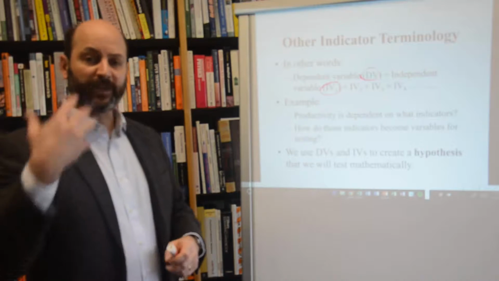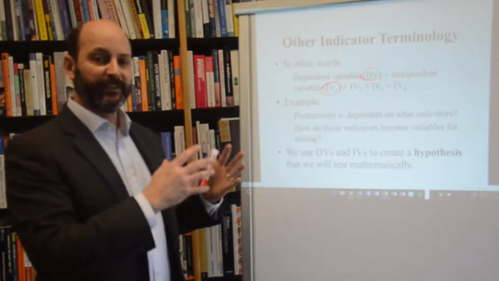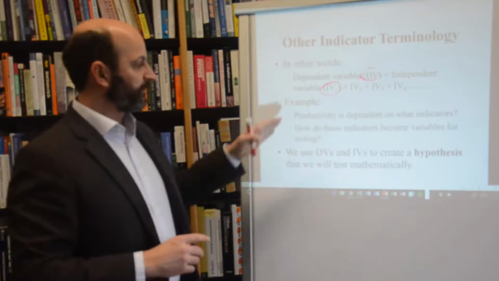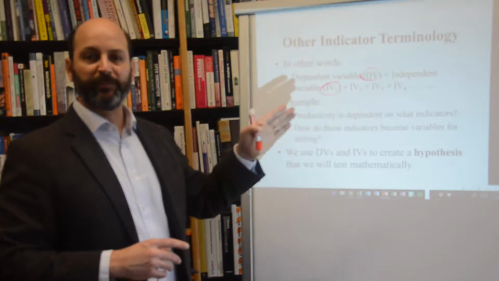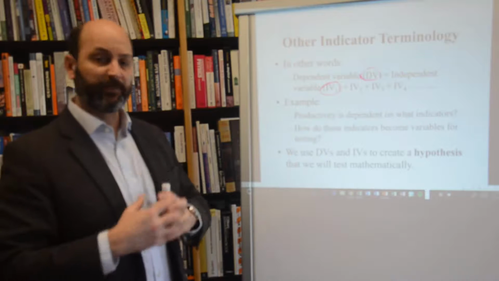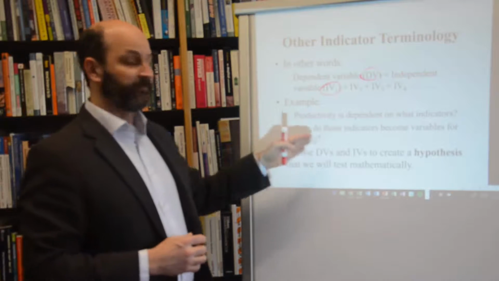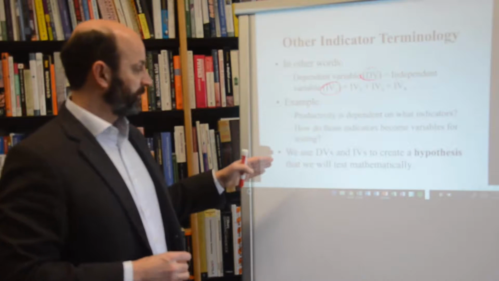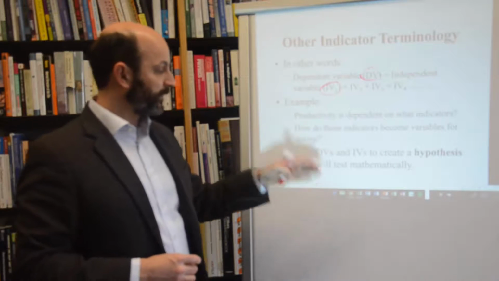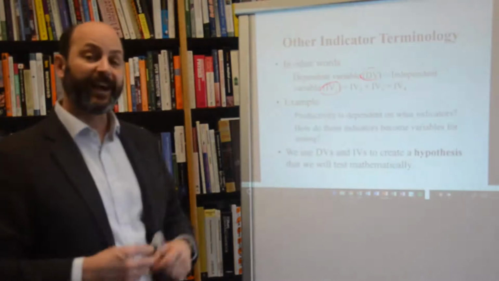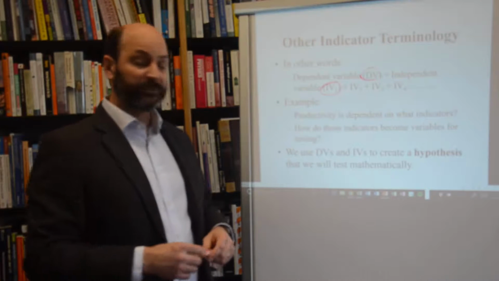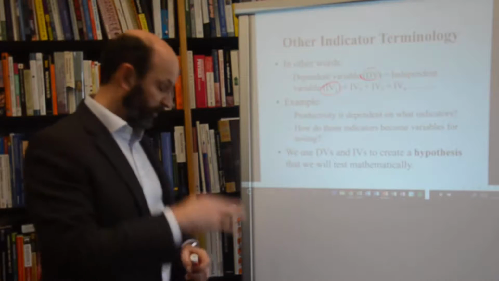Now I will give you an assignment outside of class that asks you to look at a different concept and looking at the indicators that you think would be appropriate for that concept, and then as we operationalize it, how they become variables for testing as well. But in this case, we use dependent variables and independent variables to create a hypothesis that we will test mathematically. And that's where we're going in the next slide.